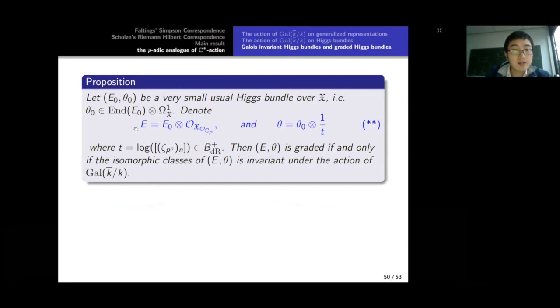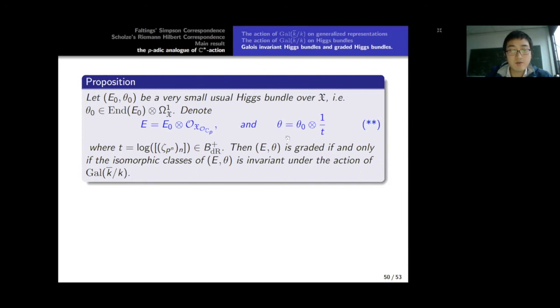And then we denote E to be E0 tensored with O_X O_CP, and theta to be theta 0 multiplied by 1 over t.